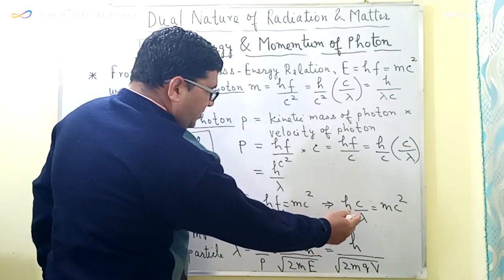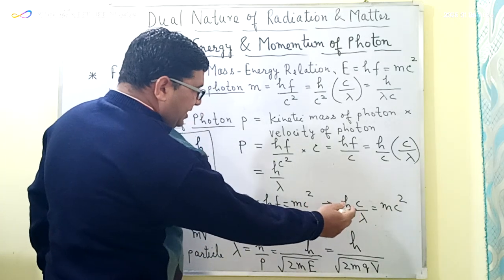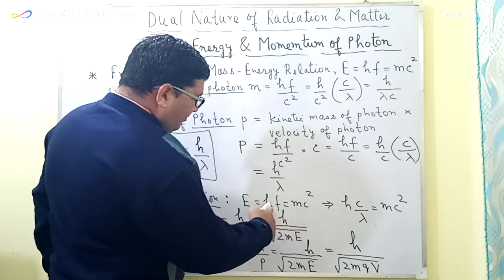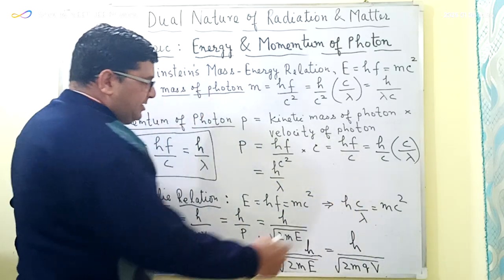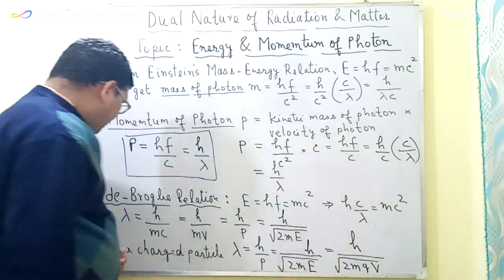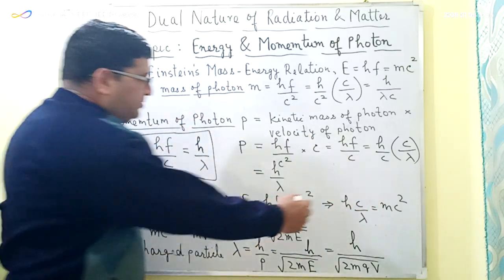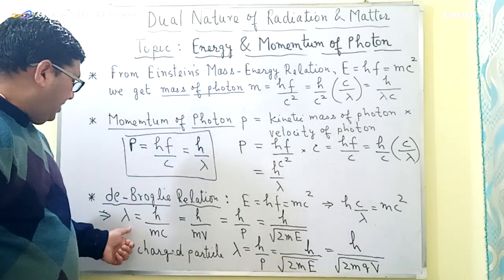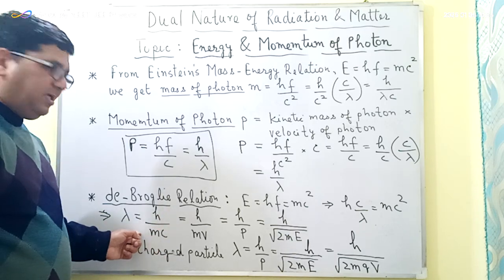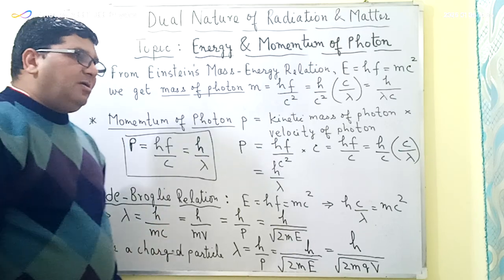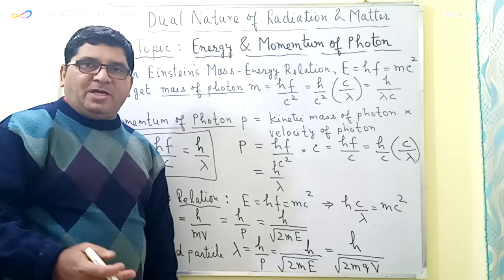Now here what I have done is I have substituted the value of f as c upon lambda, and then by equating these two equations, I am getting the value of lambda as h upon m into c. Now this equation is also applicable to moving particles.